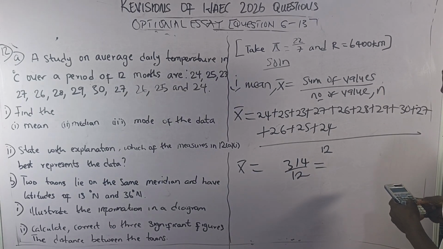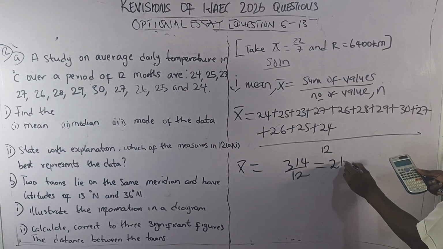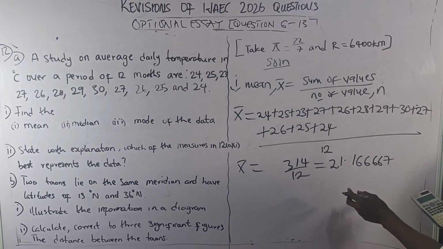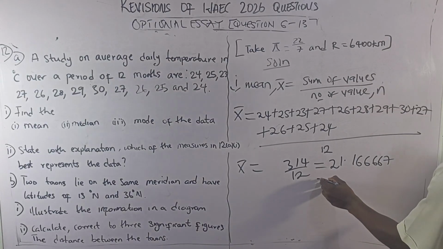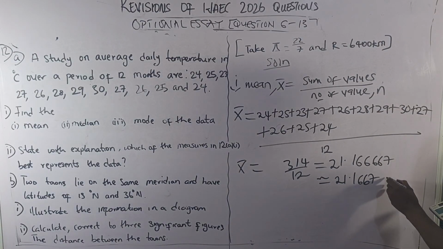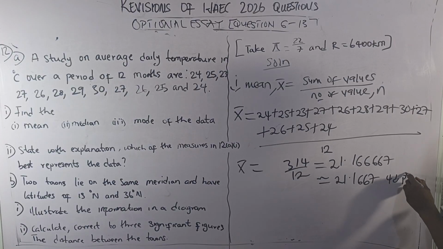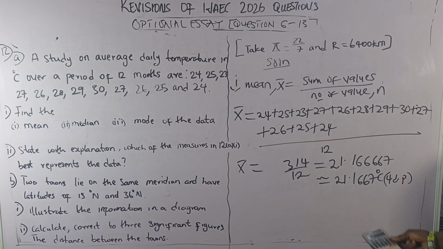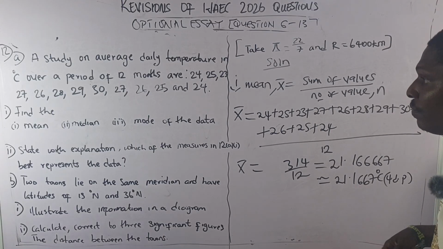So divided by 12 gives me 21.16666 and so on. They ask for an approximation, so we can simply approximate to 21.1667 to 4 decimal places. This is in degrees centigrade. So the mean temperature is 21.1667 degrees centigrade. Now we move to our median temperature.